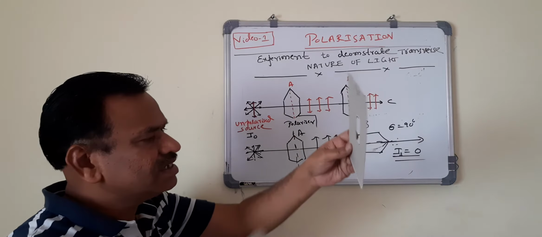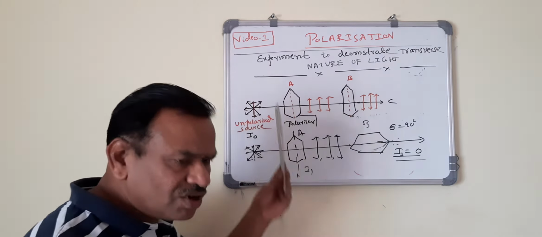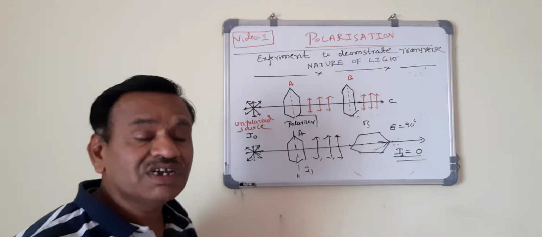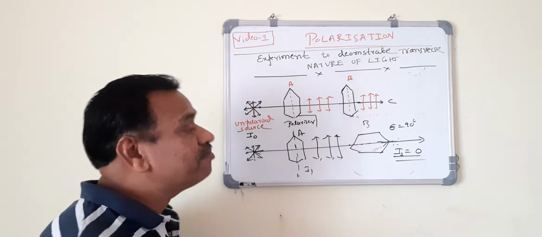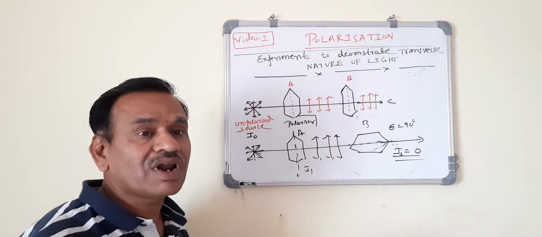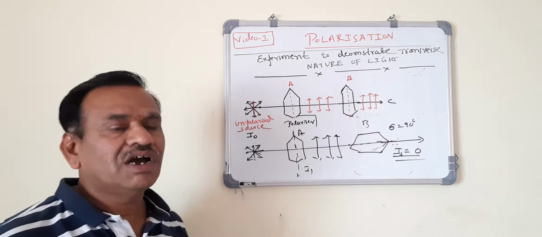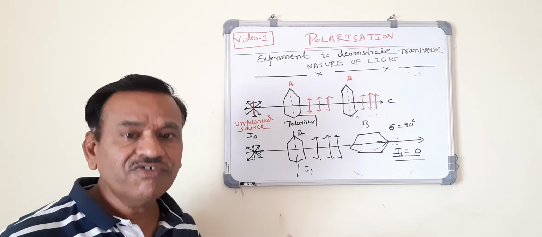Don't bother about this. This is called the analyzer and this is called the polarizer. I am using a new term, plane of polarization. The light is plane polarized light. Next, I am going to explain what is plane of vibration and plane of polarization.